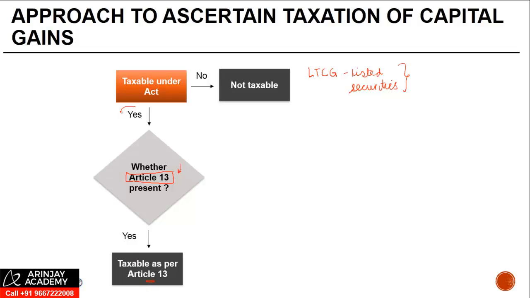So if it is taxable, I will see whether or not Article 13 provides some concessional benefit in terms of non-taxation. If it does, I'm going to opt for the provision of Article 13 and pay tax or not pay tax, depending on whether it's taxable or not.